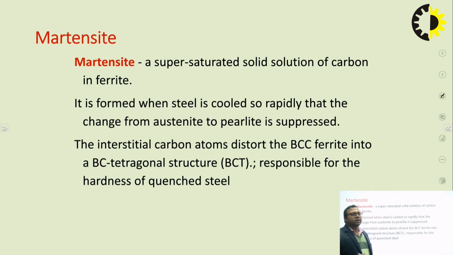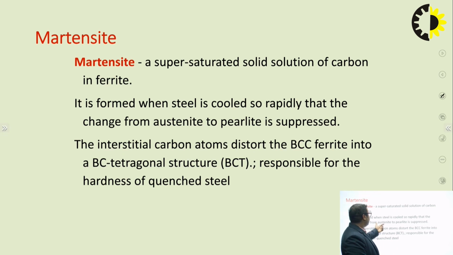Then another phase is the martensitic phase. The martensitic phase is the supersaturated solid solution of carbon in ferrite, and it is formed at a very low temperature, which is around 200 or 300 degrees centigrade, and it is formed when we cool the steel in a very rapid manner.